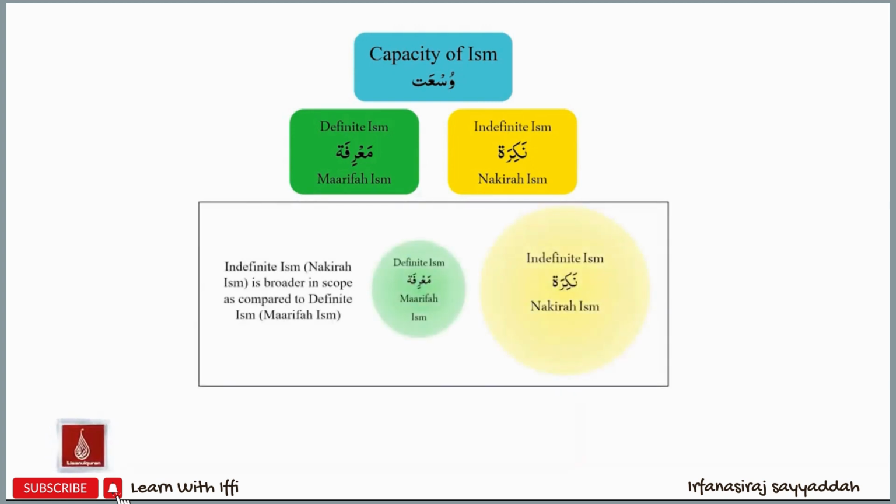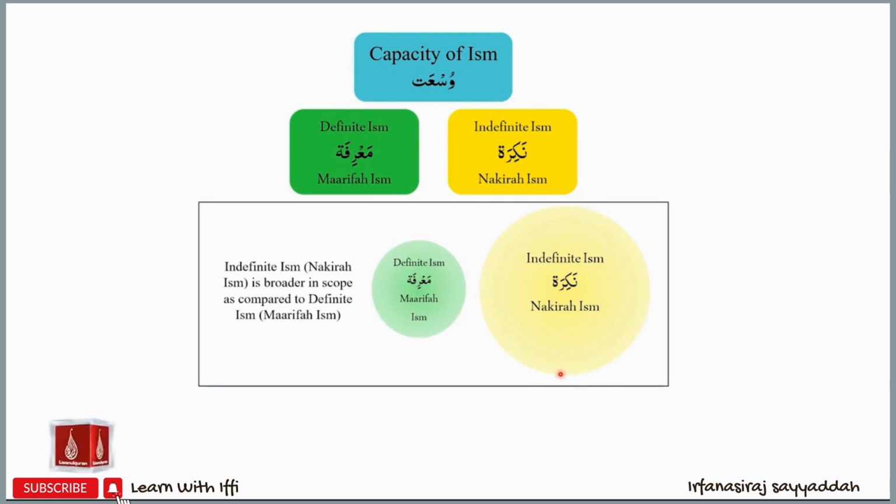Indefinite ism or nakira ism is much broader in scope as compared to definite ism or marifa ism. So marifa ism or definite ism will be smaller in scope. The scope of indefinite ism or nakira ism is much larger.